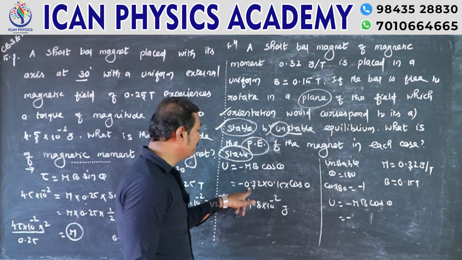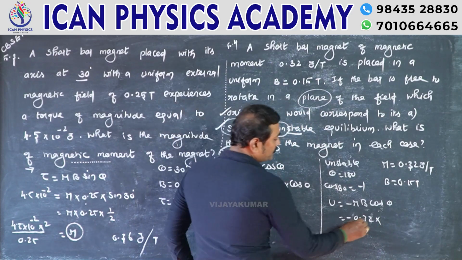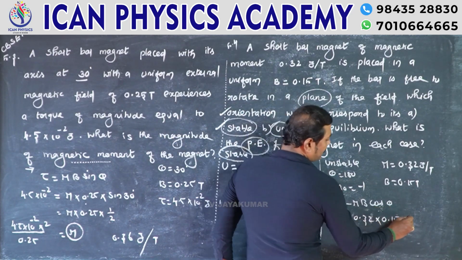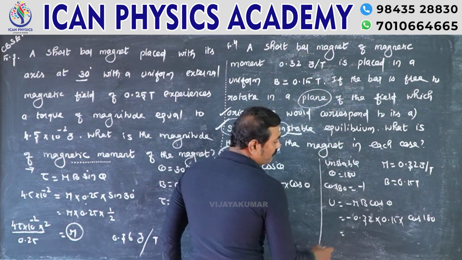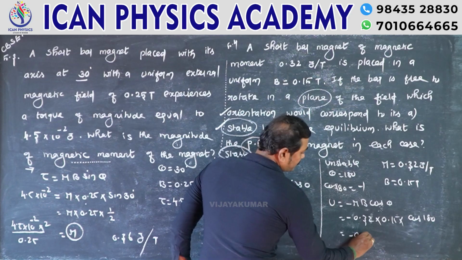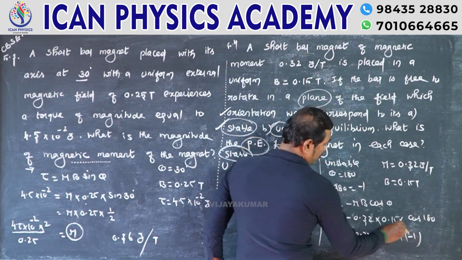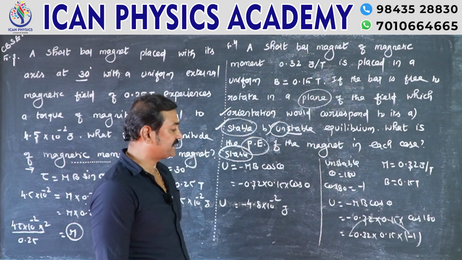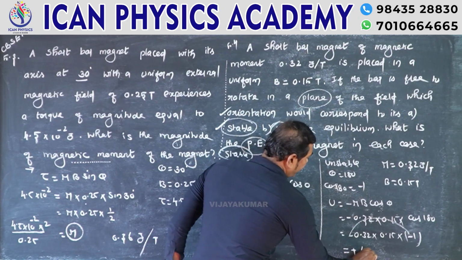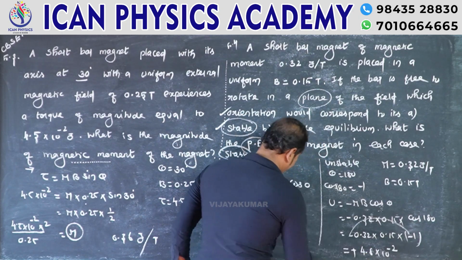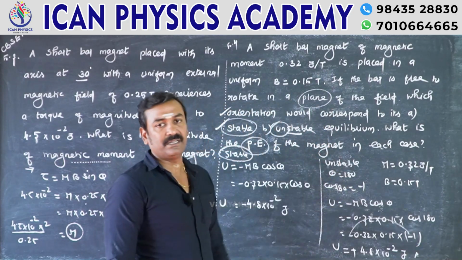So minus 0.32 into 0.15 into cos 180. What is the value of cos 180? Minus 1. So minus 0.32 into 0.15 into minus 1. Minus into minus is plus. So once again we get the same value, but with plus 4.8 into 10 to the power minus 2 joule. This is the energy for unstable equilibrium.